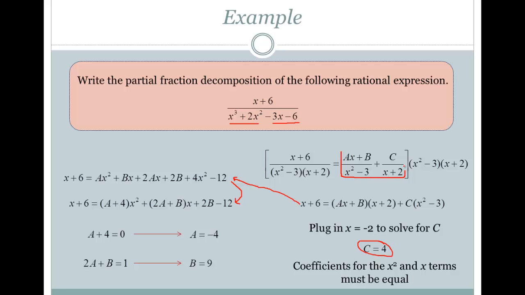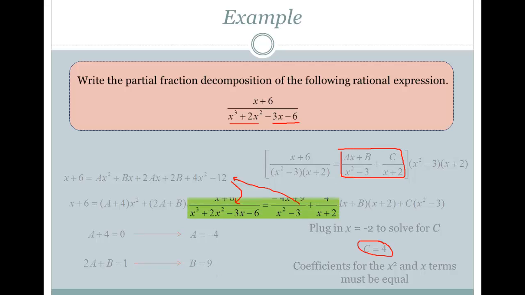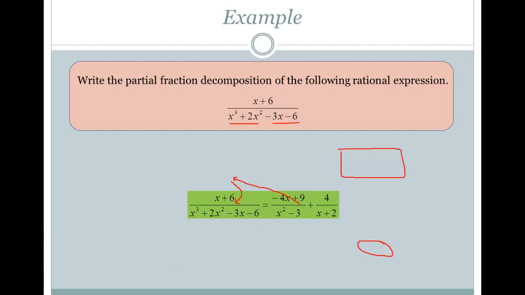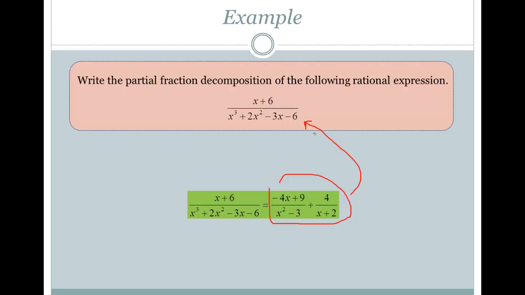Here's my decomposition right there. I know all those values, and so I can finally write that this is equal to negative 4x plus 9 over x squared minus 3 plus 4 over x plus 2. Again, you guys can go back, get a common denominator, and show that this side here is actually the same as that up there.